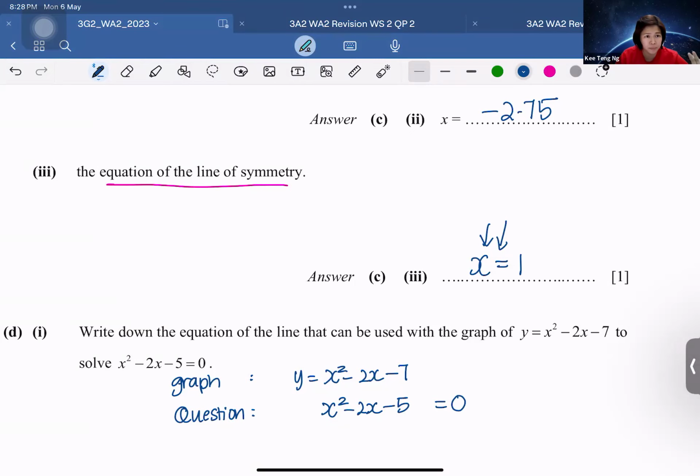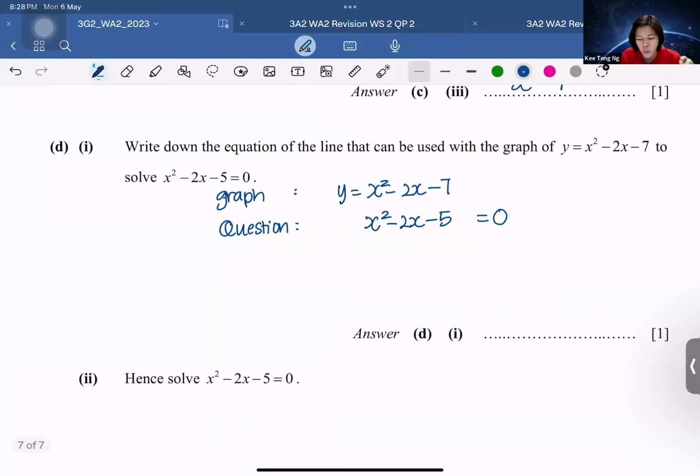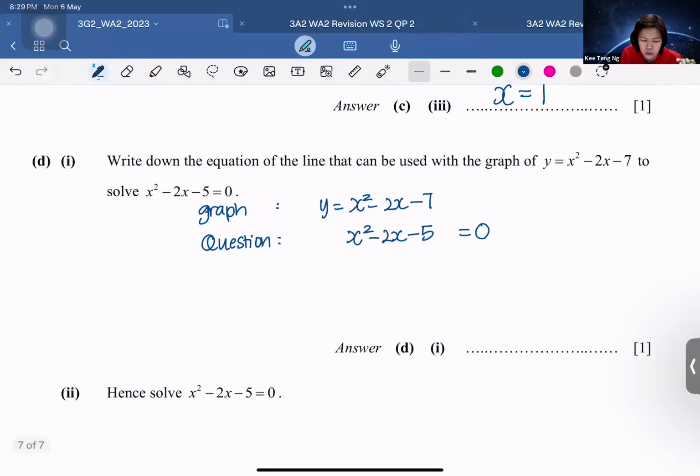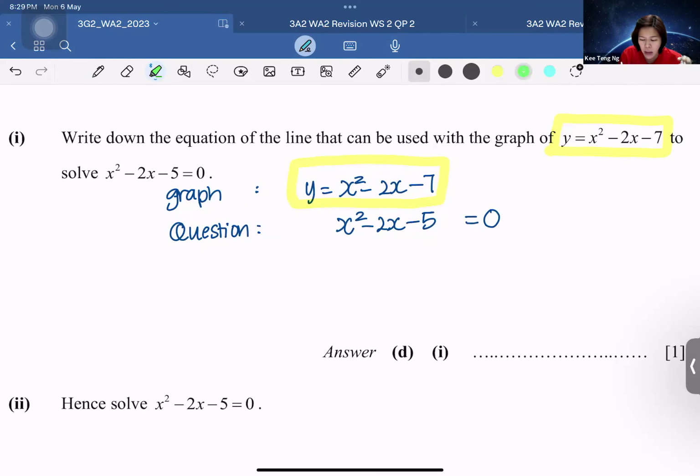These are the basics. Now, last two parts of the question. Write down the equation of a line that can be used with this graph. This is your original graph that you have drawn. But the question now asks me x squared minus 2x minus 5. Observe and compare.